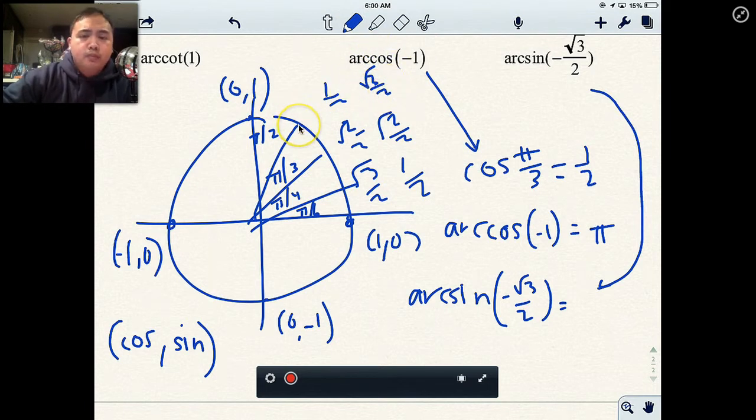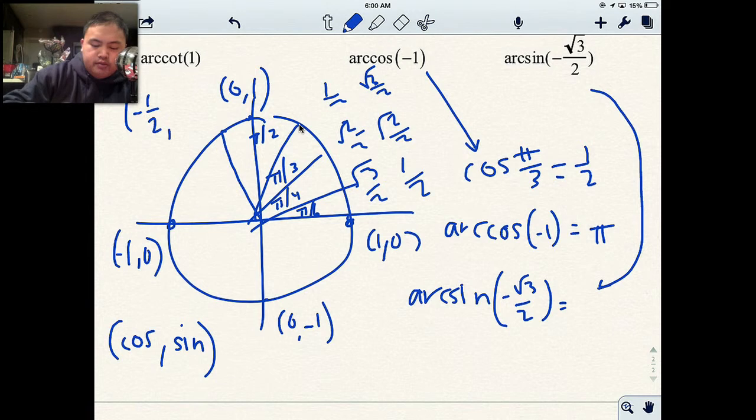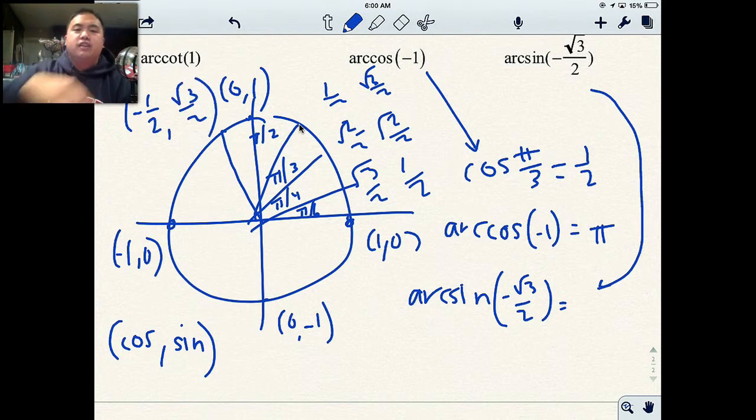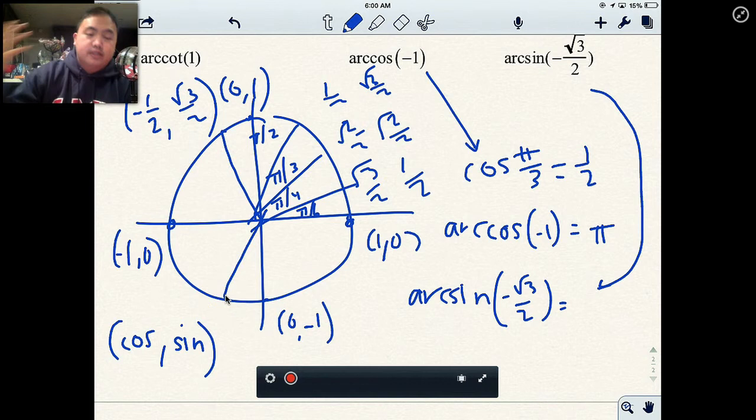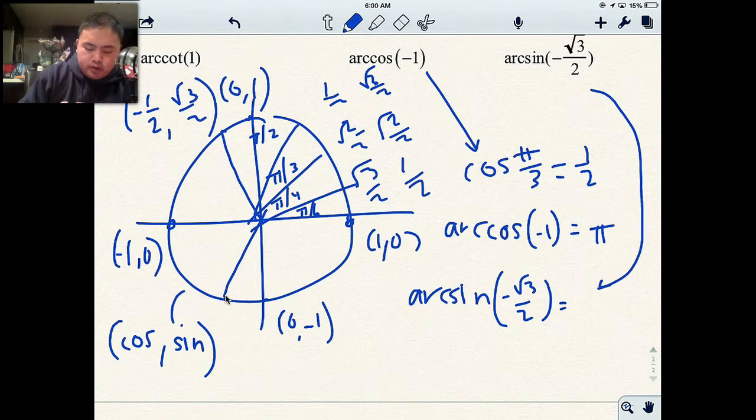Just to give you a quick review, this point right here is kind of a mirror image of this point over here. It would have the same coordinates, but with a negative x-coordinate, because it's on the other side of the y-axis. If I mirror this back down here, see how this is a mirror image of this, it would have the same coordinates, except now both coordinates are negative.